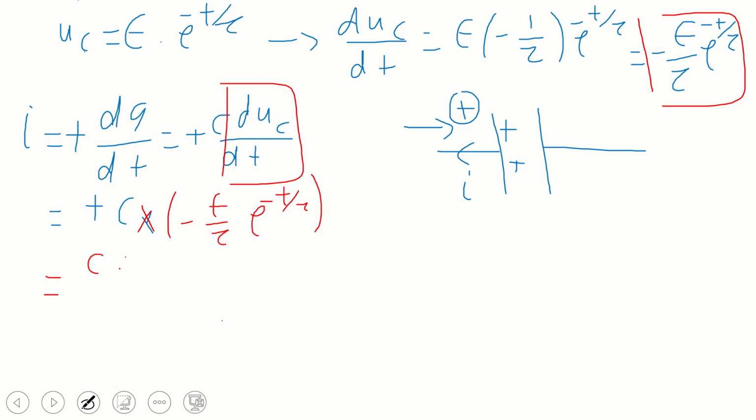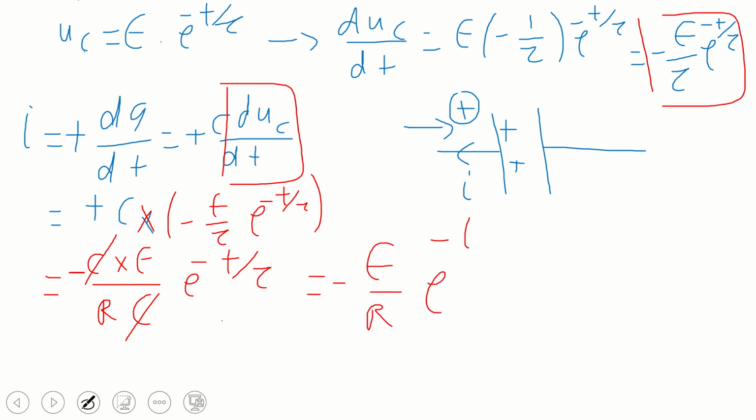So it is C times E, or minus C times E over tau, as tau equals RC, exponential minus T over tau. Simplifying C and C, it's equal to minus E over R exponential minus T over tau, or minus I max exponential minus T over tau.